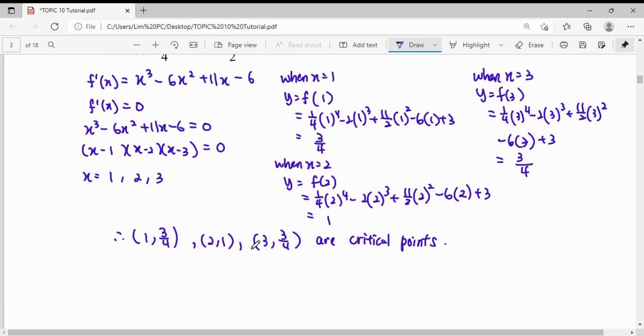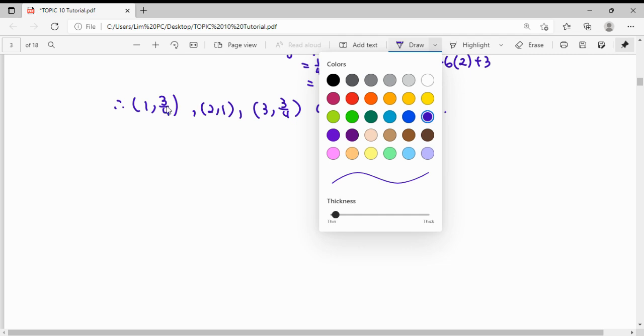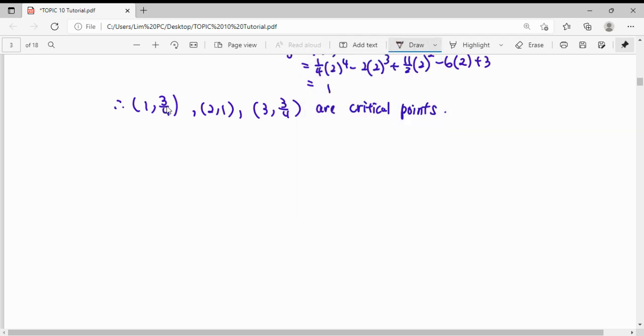So after we get our critical points, for our part 2, we are going to use our first derivative test to determine the relative extremum points. So in order to use our first derivative test, we are going to use a table.